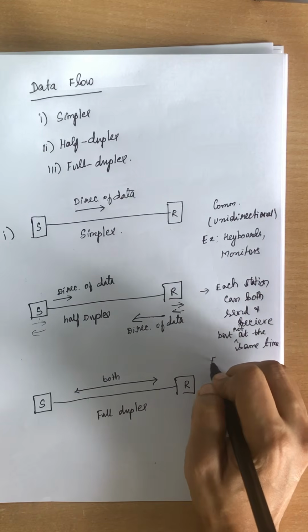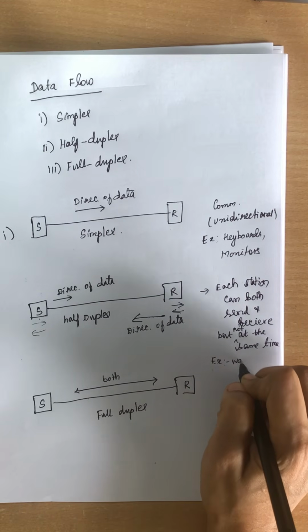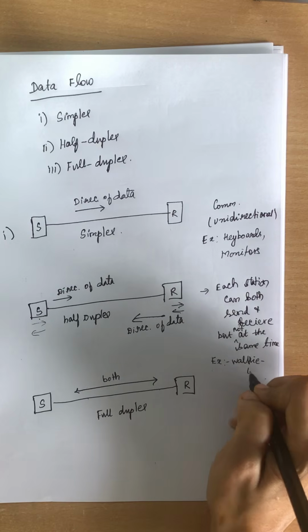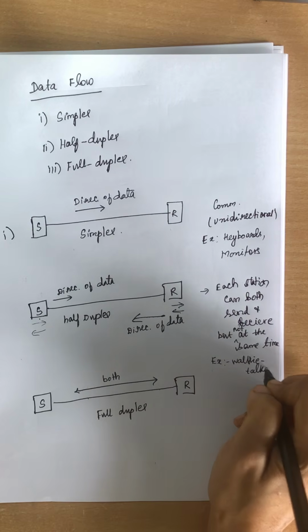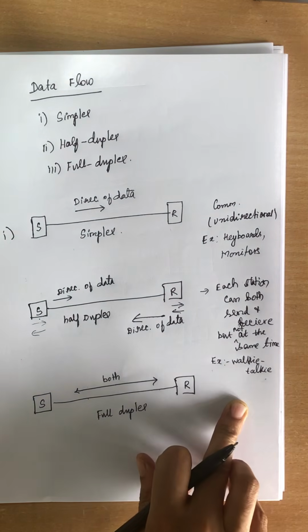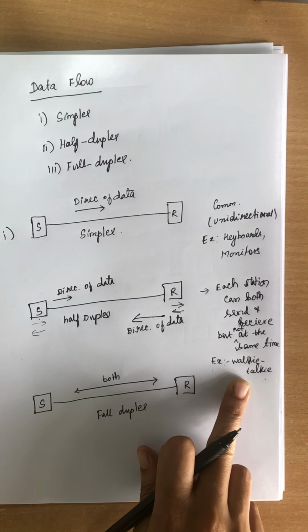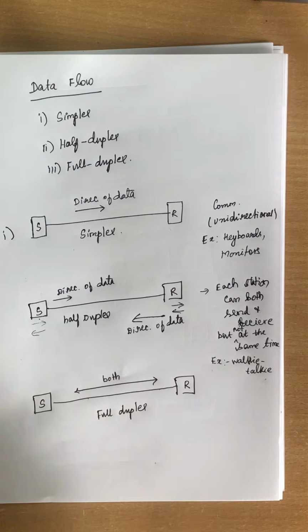The best example for this is the walkie-talkie. You have seen in many movies, or all policemen will be using walkie-talkies. Only one person can talk at a time. Both the walkie-talkies can send and receive, but they can pass only one piece of information at a time. That is your half duplex.